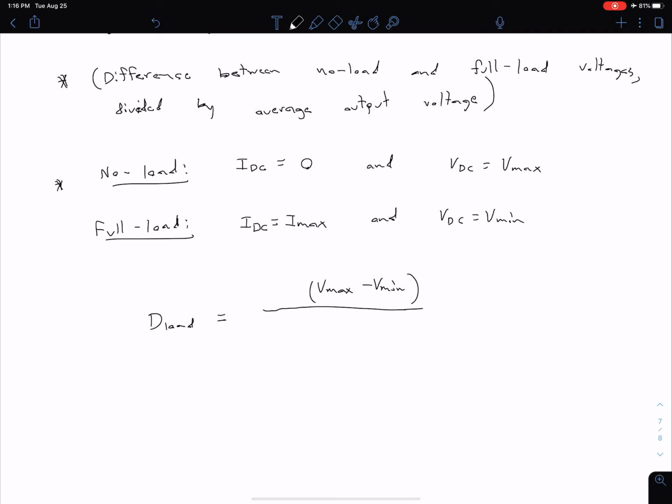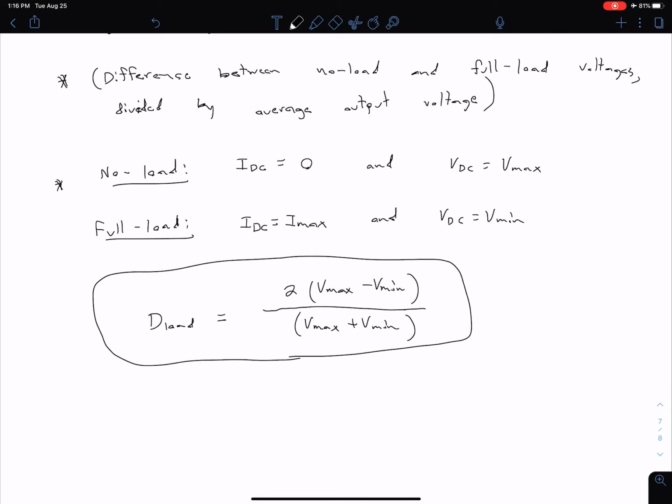And then in the denominator, we have the average of our output voltage. Well, the average is V max plus V min over 2. I'm going to bring the 2 up here, and then we have V max plus V min in our denominator. So there's our equation for D load.